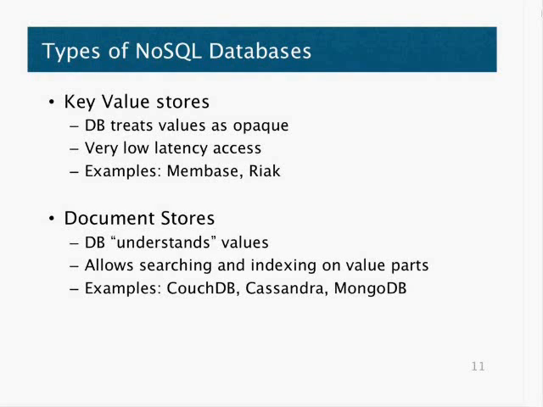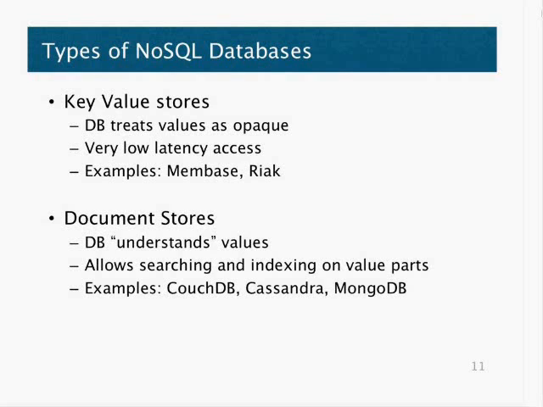A key value store really is around the simple model that there is a key which accesses a value, and the value is an opaque blob. It's a black box basically, and the contract is you give the key value pair to a database, and then as long as you know the key, if you ask for it, you will get back the exact value exactly as you've provided it to the key value store.